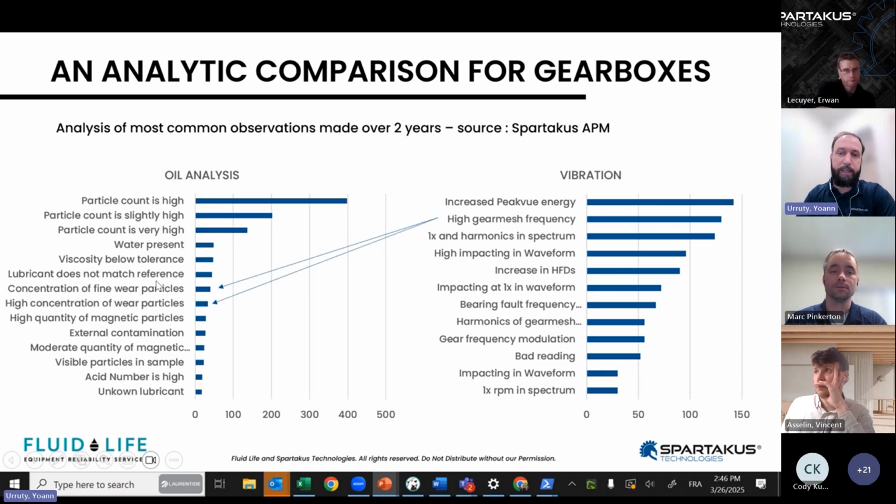So again, you can confirm gear mesh frequency with concentration of particles, right? Magnetic or non-magnetic particle, right? I didn't want to go too much into the details there, but clearly what's very important is that if you have a standard way of reporting and analyzing oil results and vibration results, it's for sure going to complement a good completion of the two technologies, right?